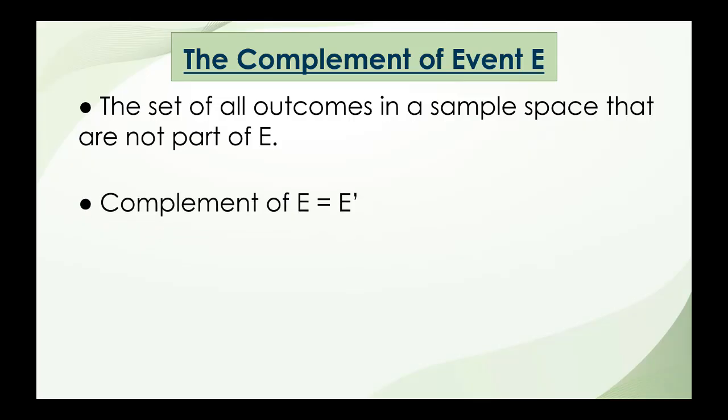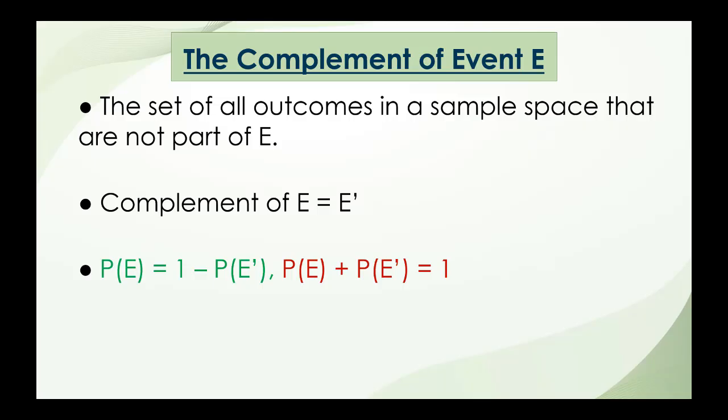The complement of E is written as E with an apostrophe, which we say as E prime. So whenever you see E with the apostrophe, we say E prime. And the probability of E is always 1 minus the probability of E prime. And the probability of E plus the probability of E prime always add up to 1. If you think back to that example that we just saw, 1/6 plus 5/6 equals 1, right?